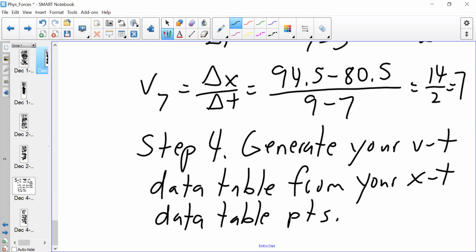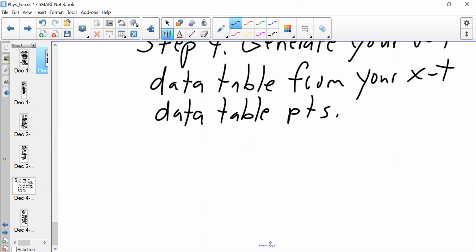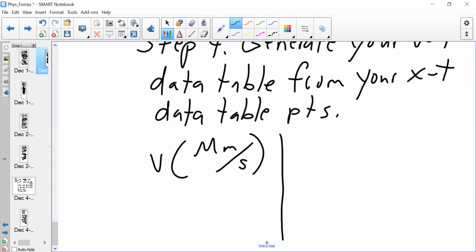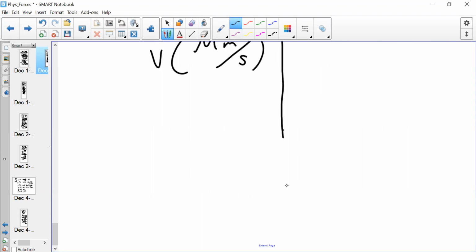So you get your VT data table. We already calculated the velocities. Now let's just place all those velocities in a VT table. It's going to be in terms of megameters per second. And all the way down.